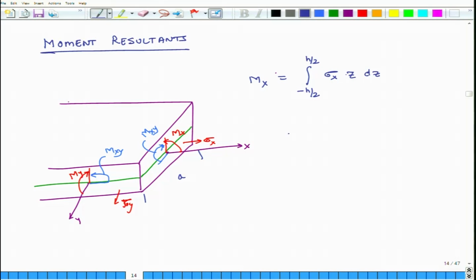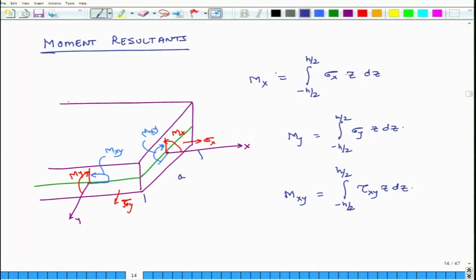Similarly, my is the integral from minus h by 2 to h by 2 of sigma y z dz, and mxy is the integral from minus h by 2 to h by 2 of tau xy z dz.